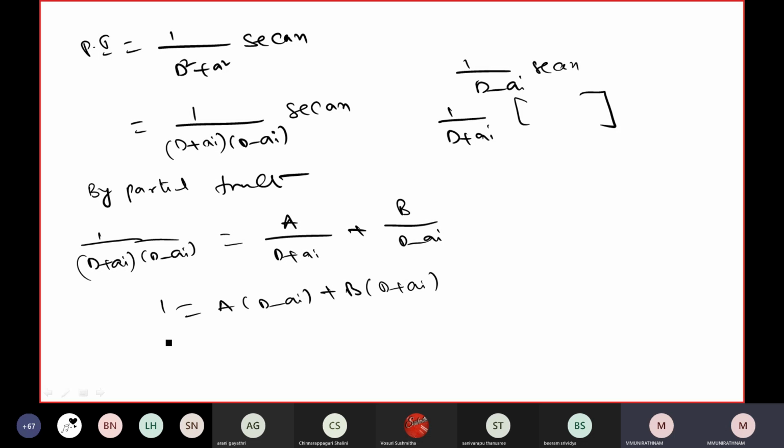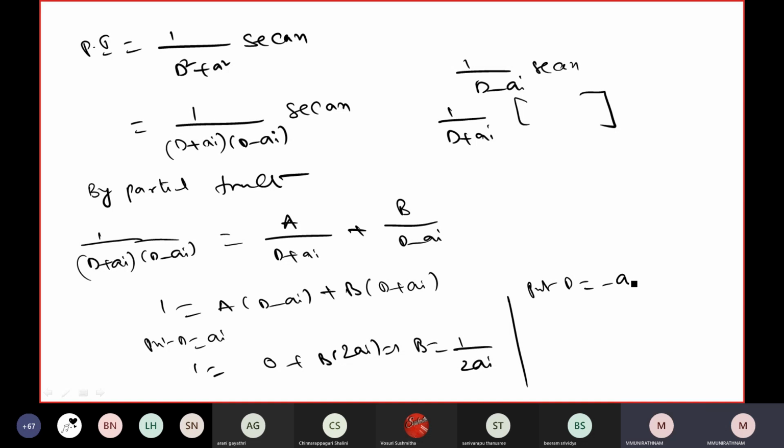So here, put D equal to ai, this will be 0, this is 2ai, so B is 1 by 2ai. Put D equal to minus ai, sorry, A into minus 2ai plus 0, so A is minus 1 by 2ai.